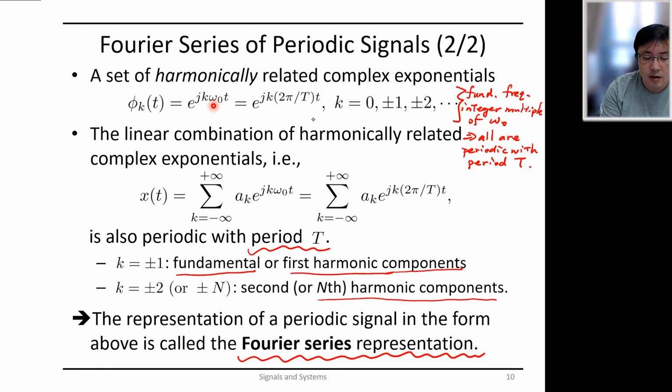One interesting property of the set of harmonically related complex exponentials is that all of these signals are periodic with the same period, capital T.